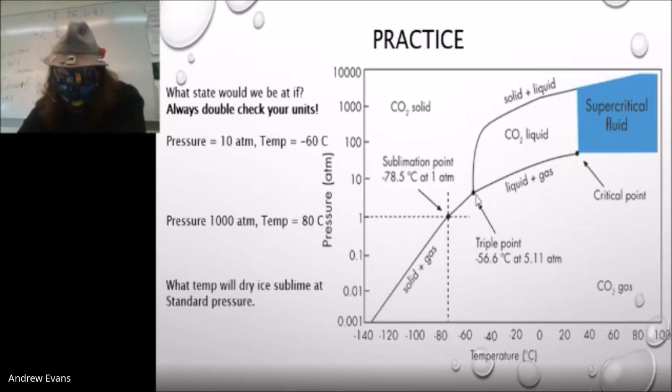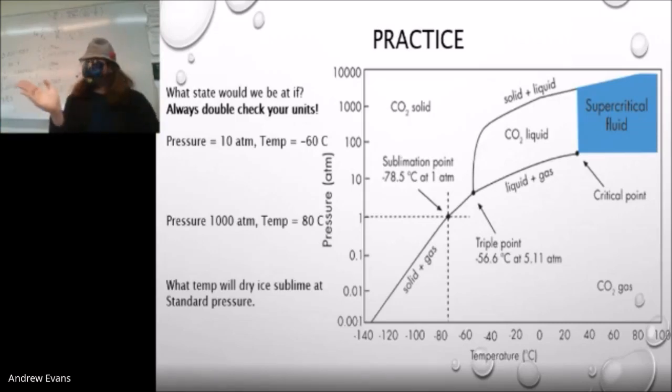Triple point is here, supercritical here. This graph is noticeably different from, say, the water one. With the water one, the graph kind of V'd off one way. This one loops around into kind of a bent fork shape.